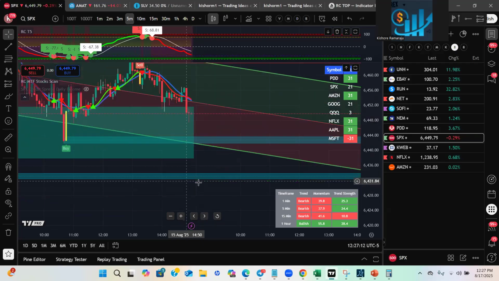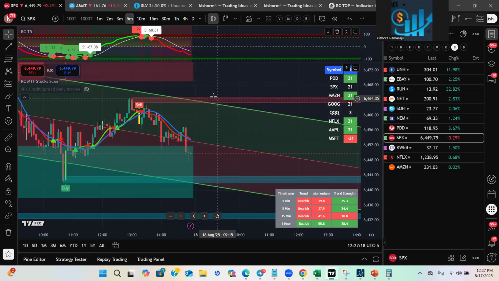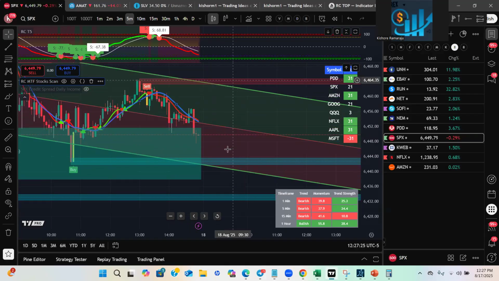You are collecting around $300 to $400. Let us say $300, some $200 at the bottom, $100 at the top. So if price stays in between this support and this resistance, you make all the $300.